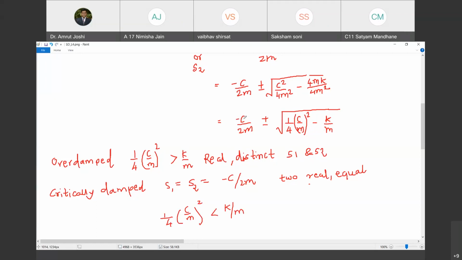One root will be minus c/2m plus one imaginary number, and the second root will be minus c/2m minus the same imaginary number. So these two roots are going to be distinct. You are going to have distinct values of S1 and S2, but they are complex conjugates. They are not real roots.